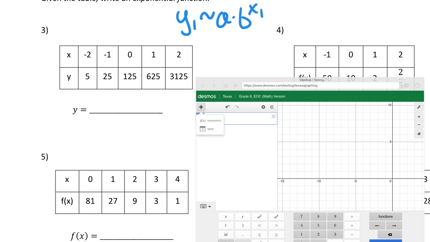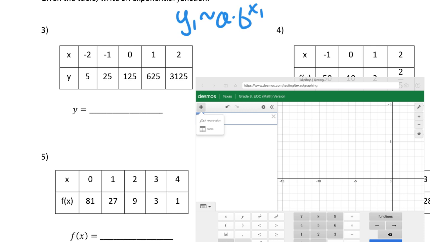I'm going to type in those numbers. x is -2, -1, 0, 1, and 2. Then y is 5, 25, 125, 625, 3125. There we go.